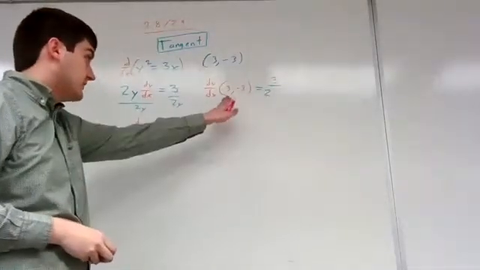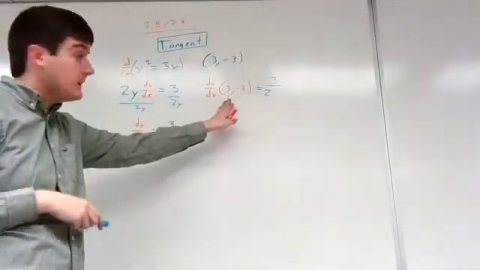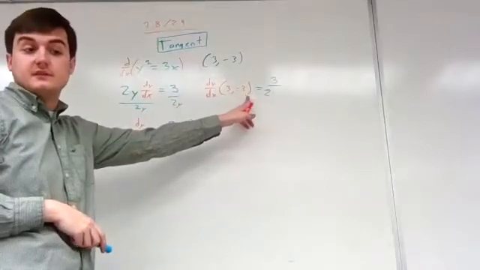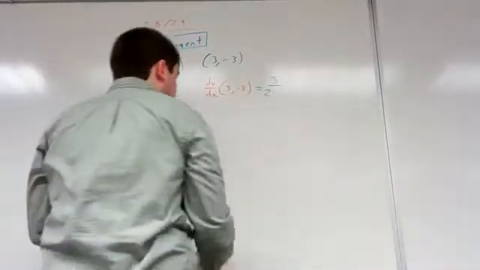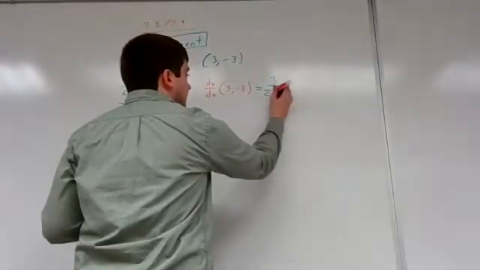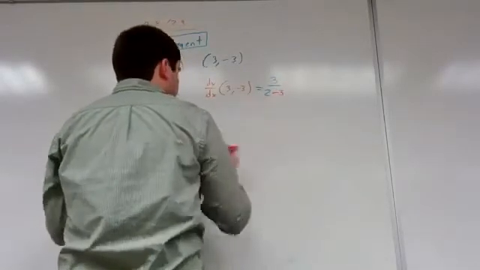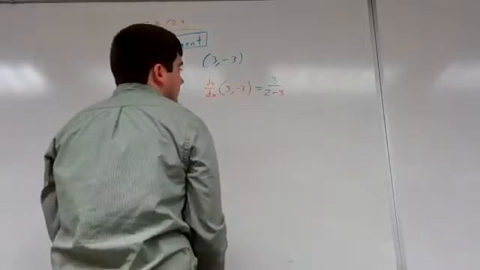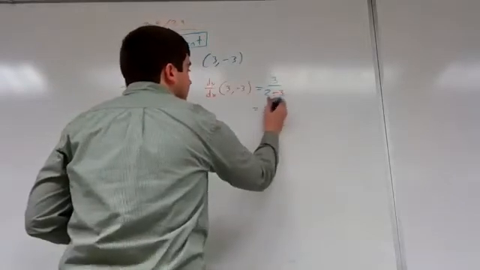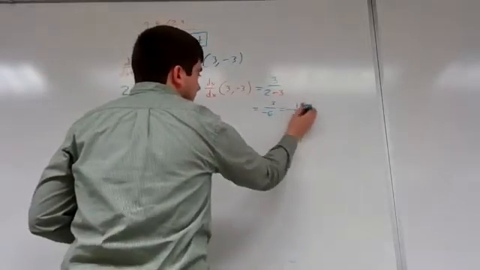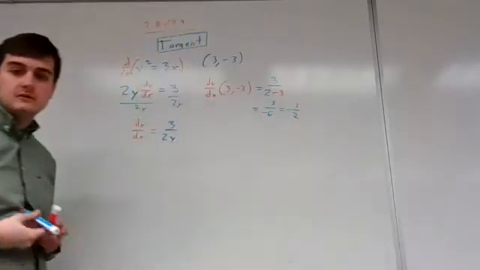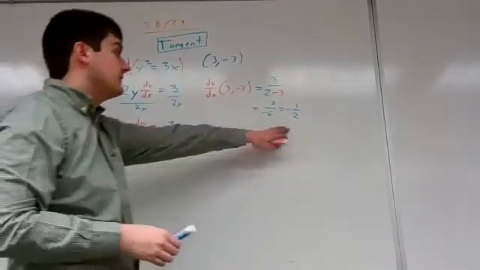There's no x, so we don't have to plug in this 3, but there's a y, which is this negative 3 in this case. So I need to multiply by minus 3 at the bottom. And so this is going to leave me with 3 over negative 6, which is the same thing as negative 1/2. Okay, so that is the slope of my tangent line.